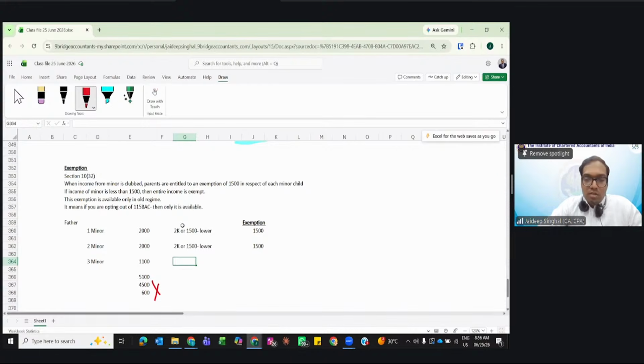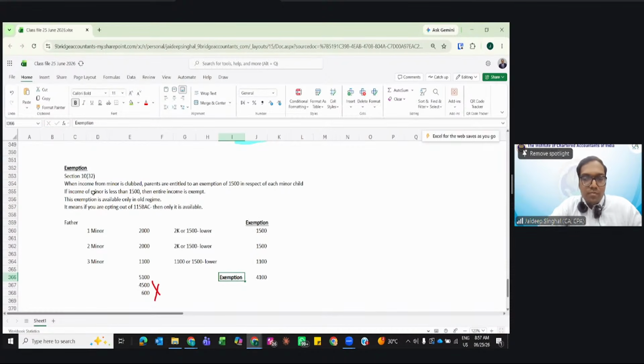Third, 1,100 or 1,500, whichever is lower, you will take 1,100. So the total exemption would be 4,100. This you get only in the old regime, not in the new regime. Clear?